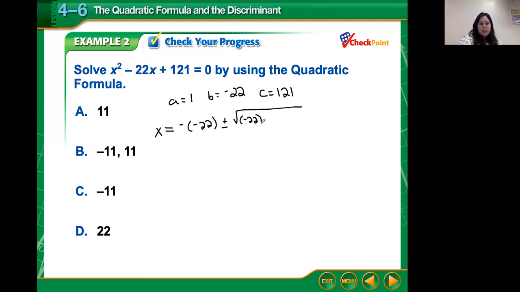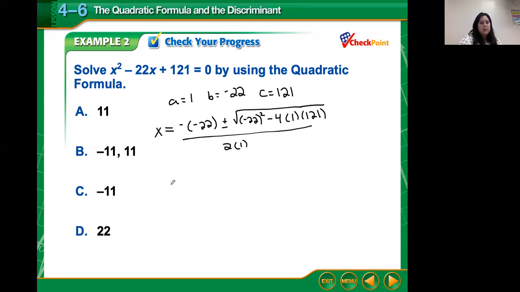It's always good practice, especially when you're working with negatives, to put them in parentheses, because if you type in negative 22 without parentheses in the calculator, generally it's going to give you the wrong answer. So it's good to always have parentheses. And we're going to do minus 4 times a times c, all over 2 times a, which is 1.